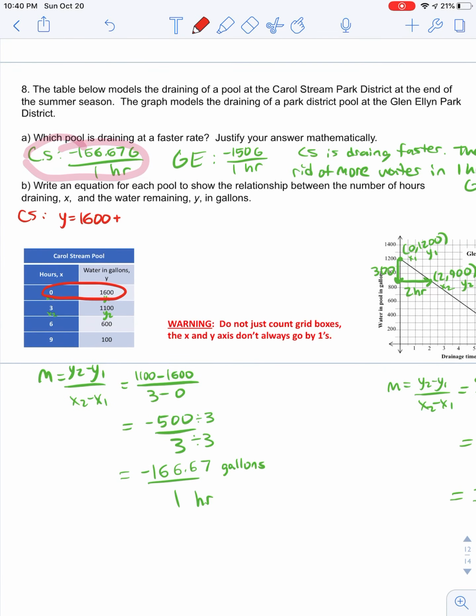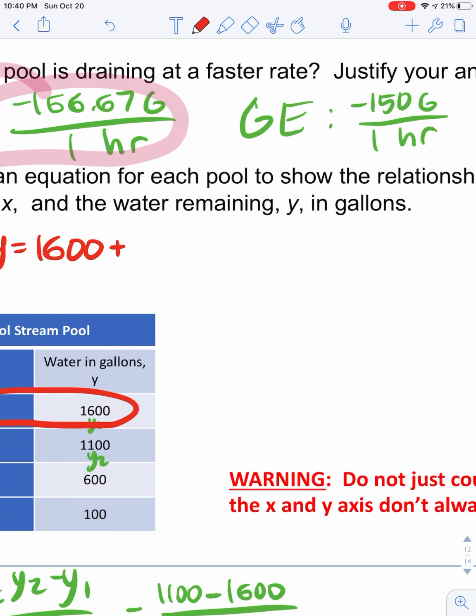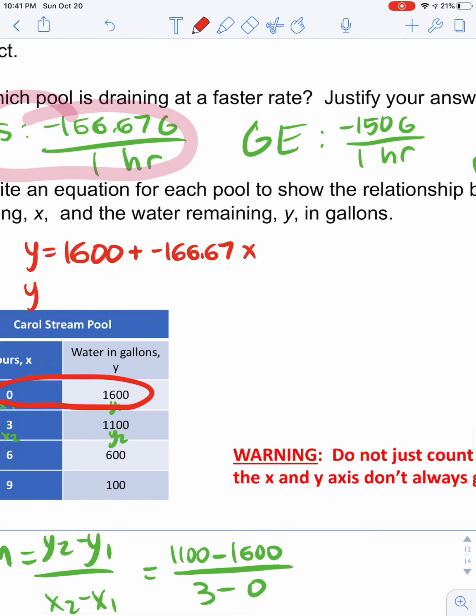That's your change. So we're plus negative 166.67 per x. And I would just clean that up by saying 1,600 minus 166.67x.